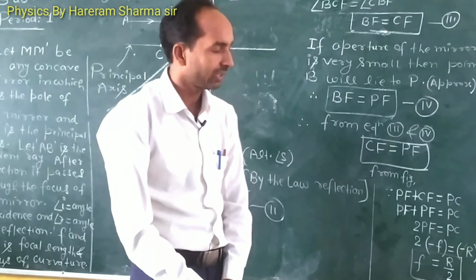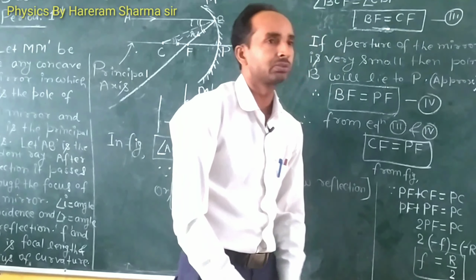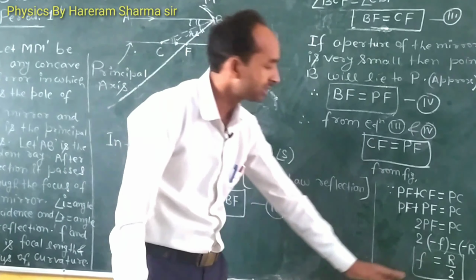So we can say that the focal length of the concave mirror is equal to half of the radius of curvature.